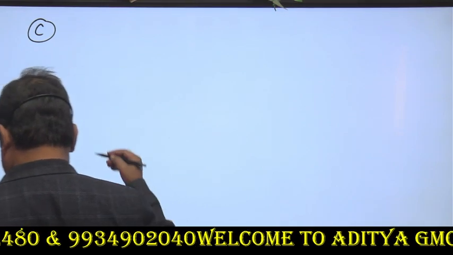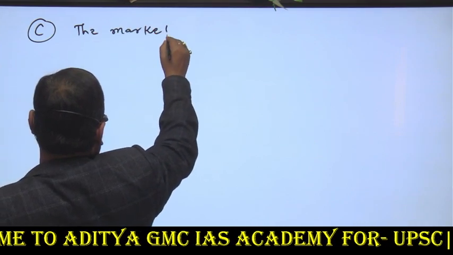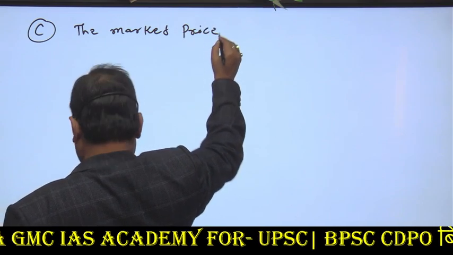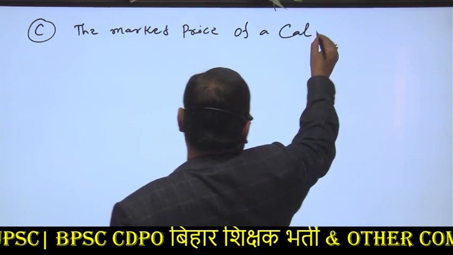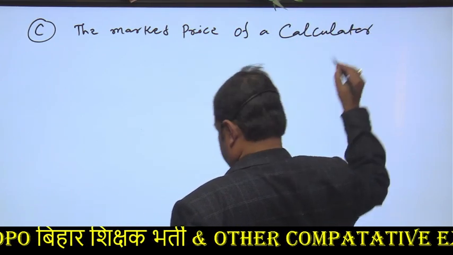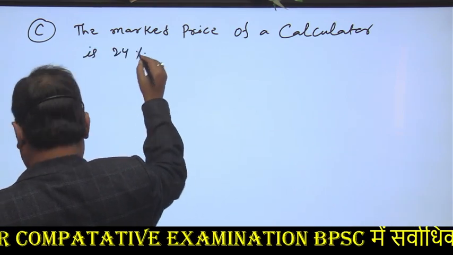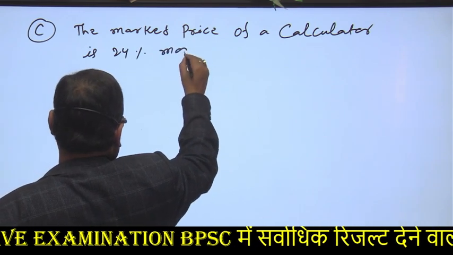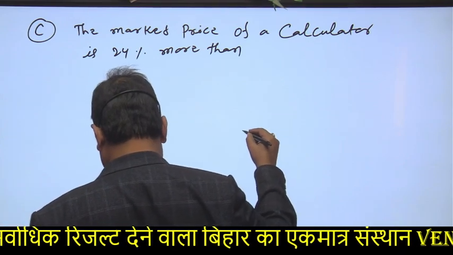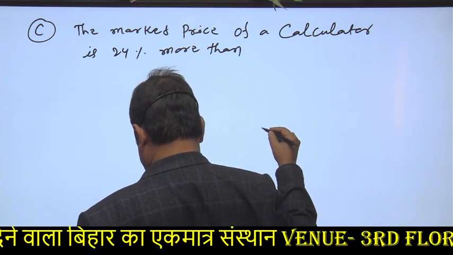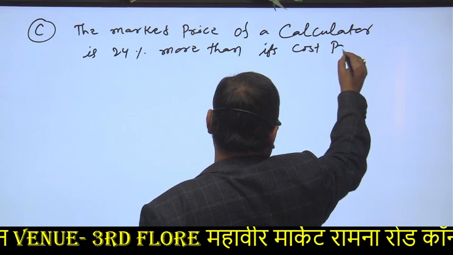The marked price of a calculator is 24% more than its cost price.